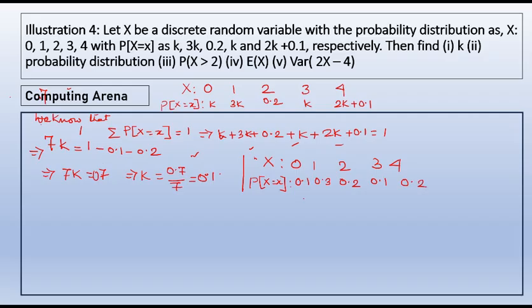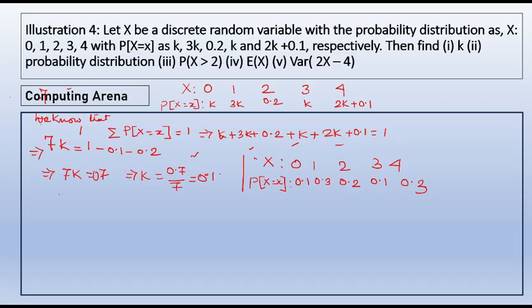So 0.2 plus 0.1 is 0.3. You have to check whether the sum total is equal to 1. 3 plus 1 is 4, 5, 6, 7, 8, 9, and 1. So this makes the total probability equal to 1. This is how we are sure that the value of k has been determined correctly.